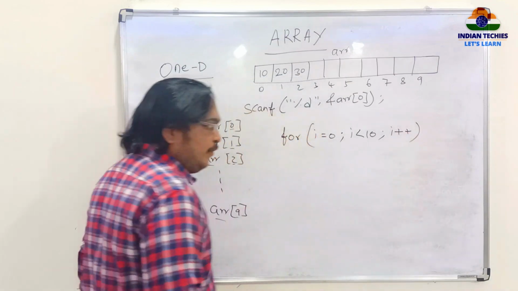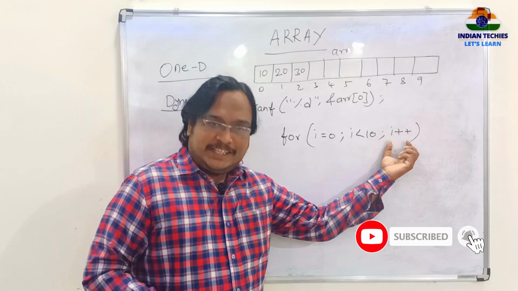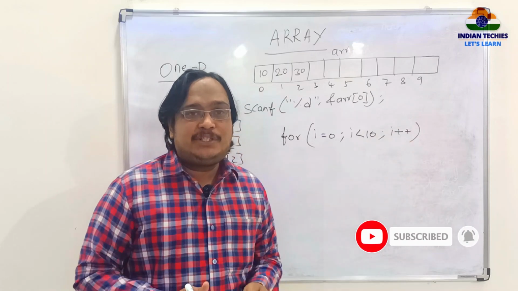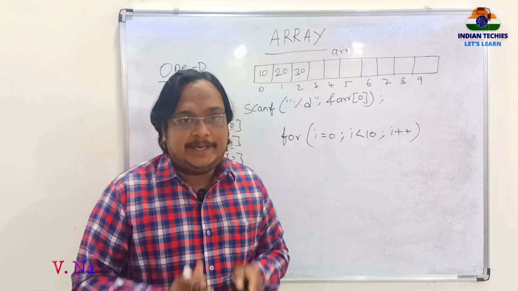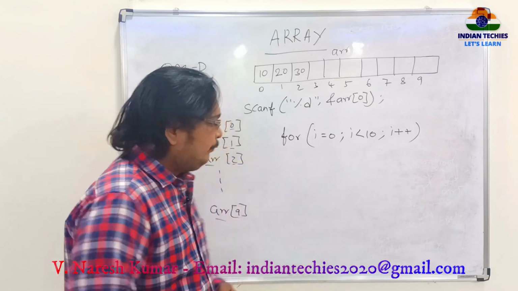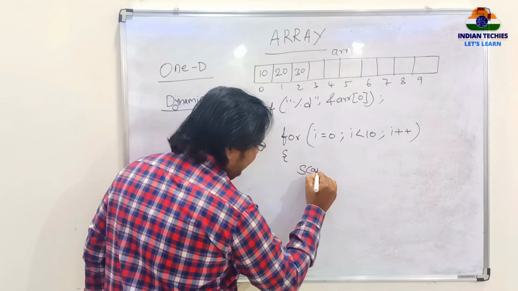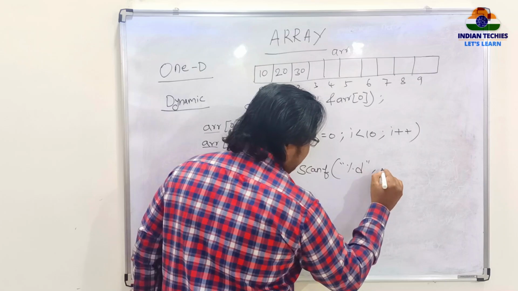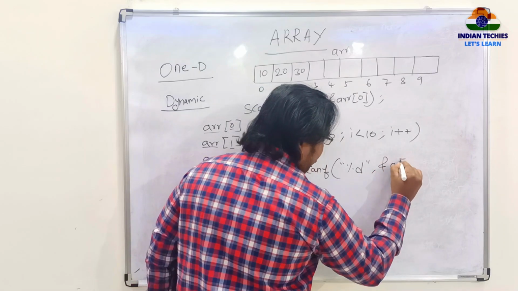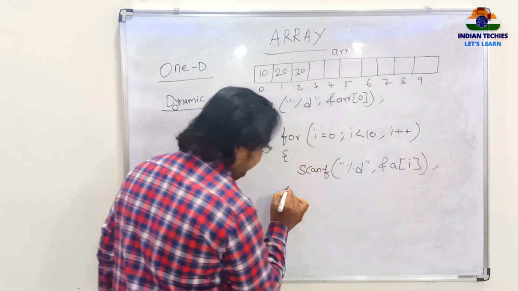If you write plus plus i also, it is not a problem, because whenever you use this increment operator independently without any expression, both are considered the same. Now I am writing scanf, %d, ampersand a of i. This is an important statement.